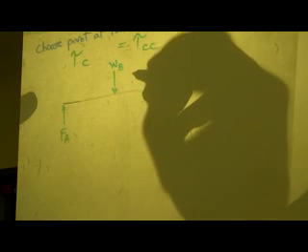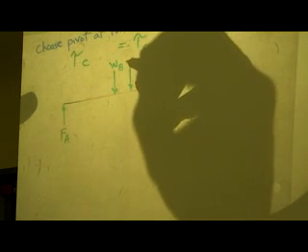I've got this support right here, FA. I've got the weight of the bridge here, and then the weight of the person right here. But the distances are related to point B now.